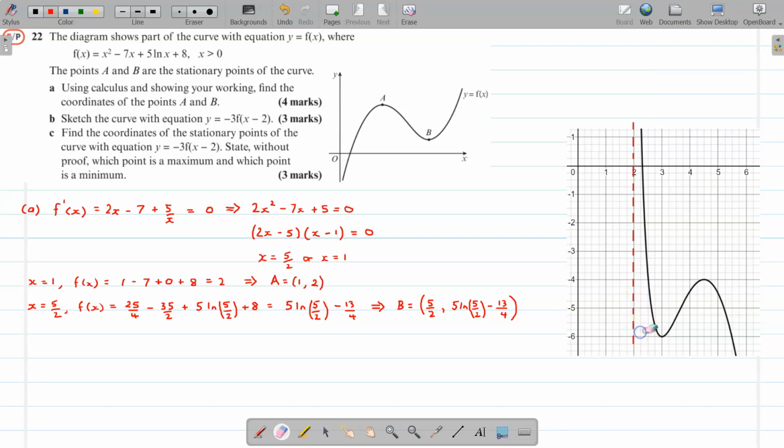Now the next thing we need to do is identify these points A and B. So I've answered question B here really.